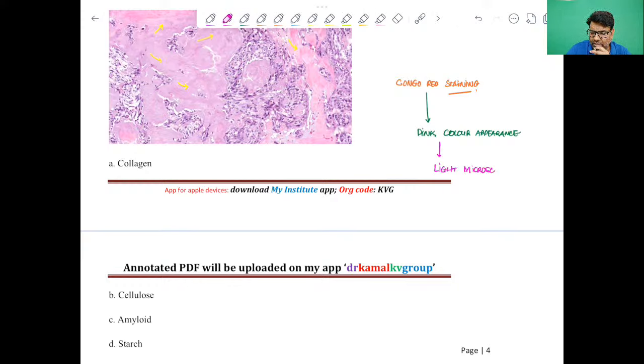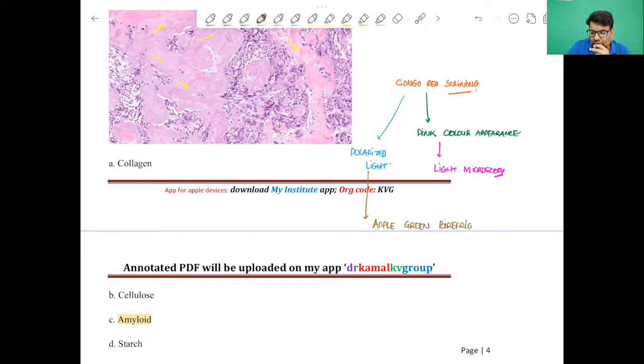Clear? So when you have this kind of presentation, yes Varsha, absolutely right, the answer is amyloid. And if we visualize this slide under polarized light, we will see apple green birefringence.